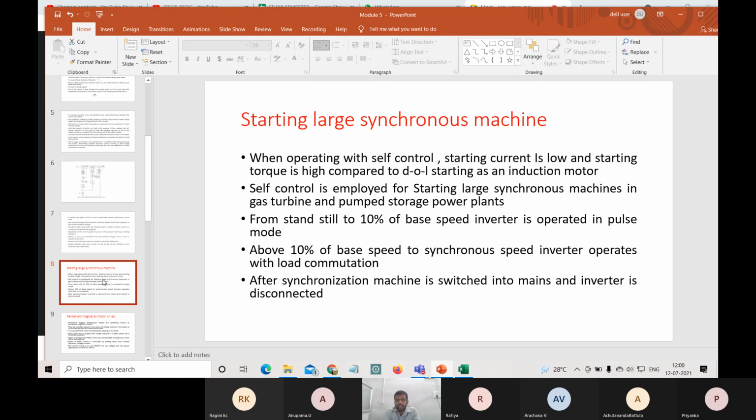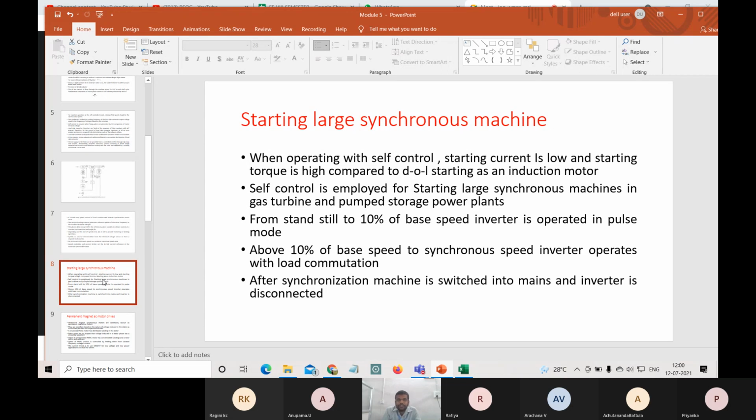If you are operating at that desired speed, what happens? The machine gets synchronized with the actual synchronous speed. After synchronization, the inverter is turned off. Here the machine is switched onto the mains and the inverter is disconnected.